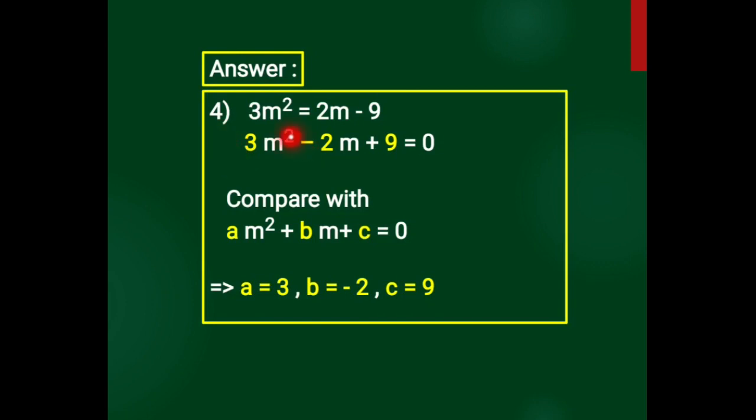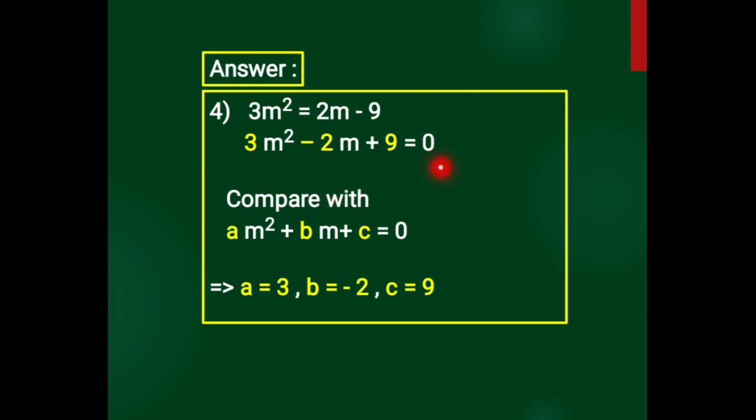Question number 4. 3m square equals to 2m minus 9. We transfer this 2m and minus 9 to the left hand side. So we get here 3m square as it is. Transferring this 2m to the left hand side, we get minus 2m, and transferring this minus 9 to the left hand side, we get plus 9. So this is the general form.